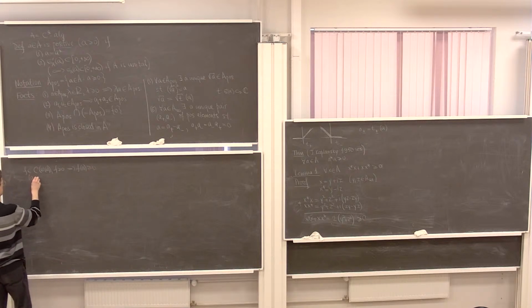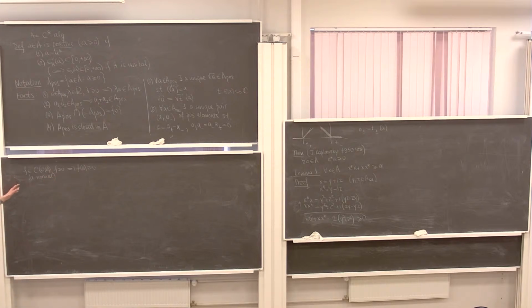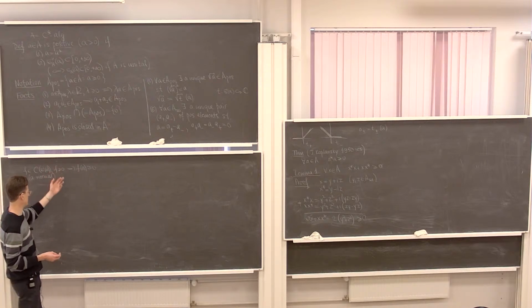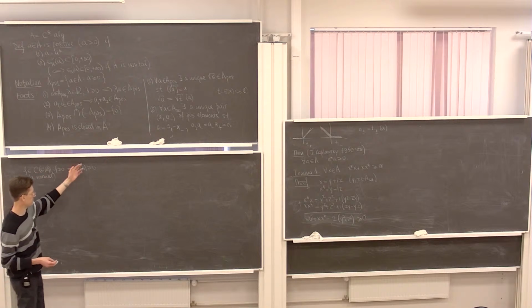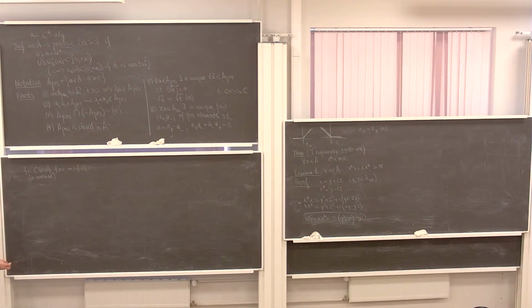Here a is any normal element. This follows from the fact that the functional calculus is a star homomorphism, and a star homomorphism always takes positive elements to positive elements. So since f was a positive element in this algebra, we conclude that f of a is a positive element in our algebra A.